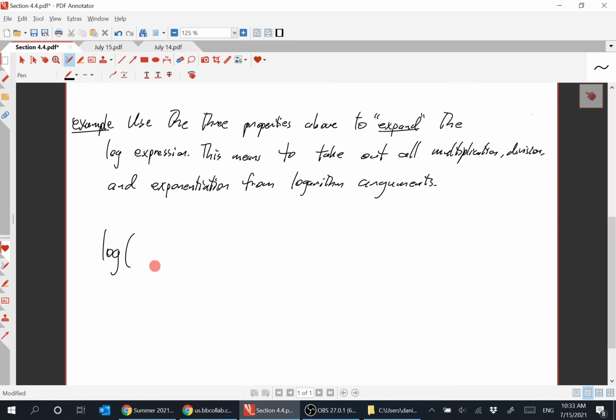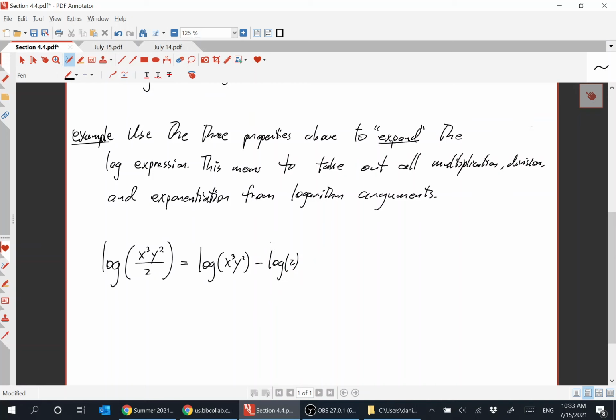So, for example, log, so whatever base you might have, x to the third y squared over z. Okay, well, first of all, I have a division here, so I'll use that log a over b.